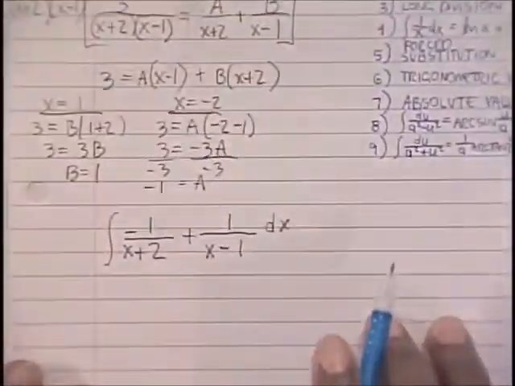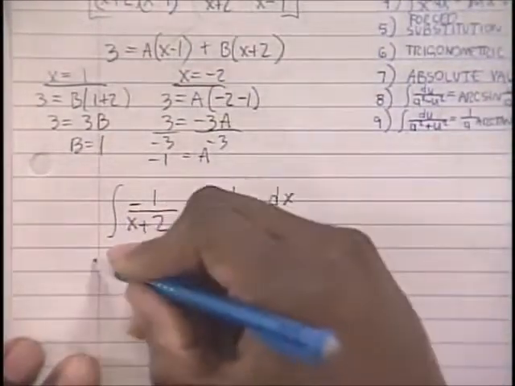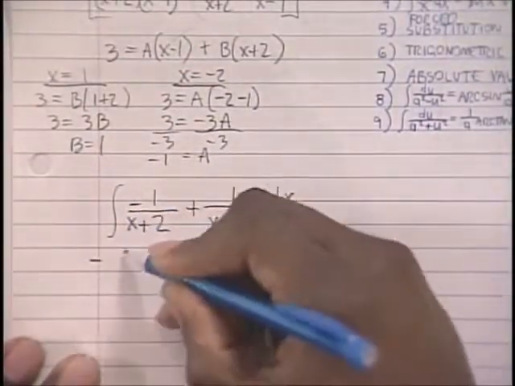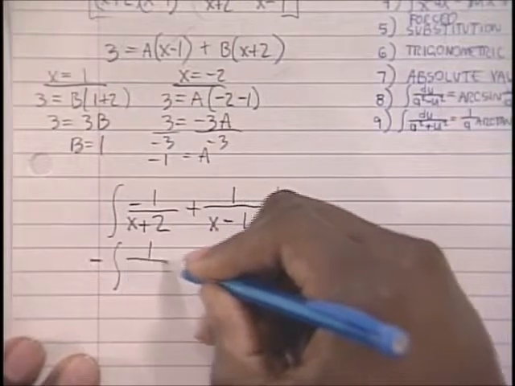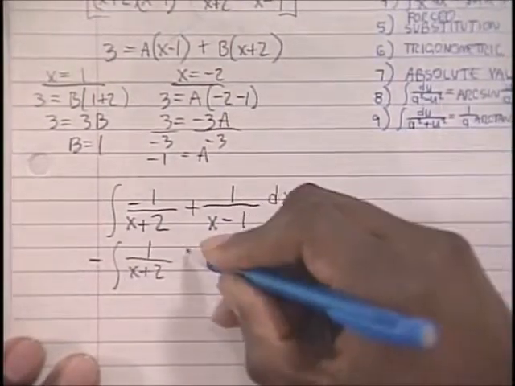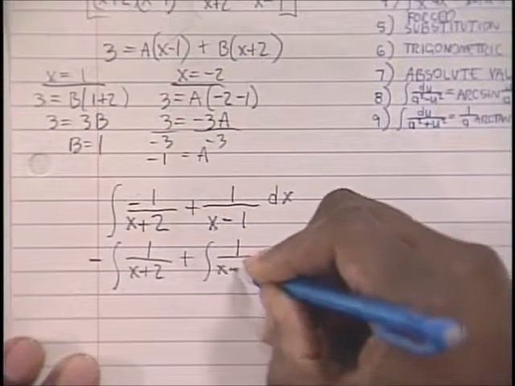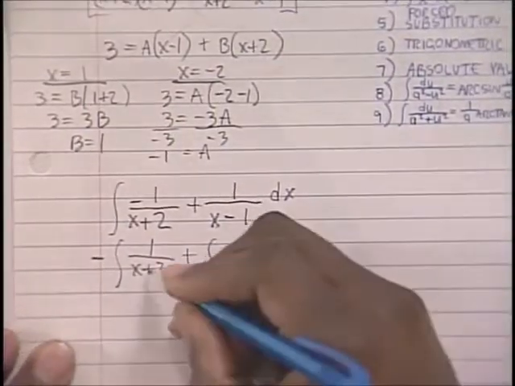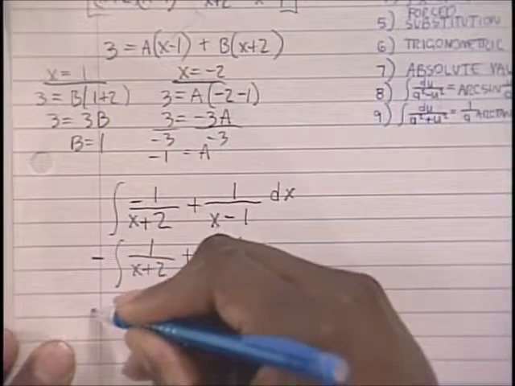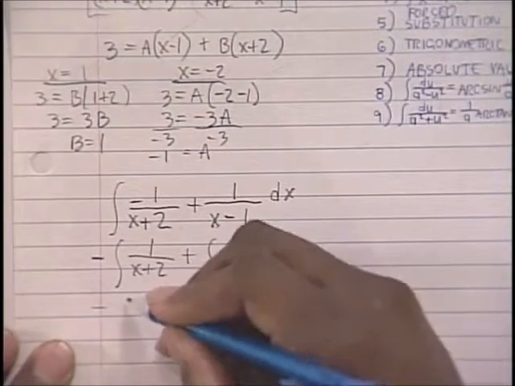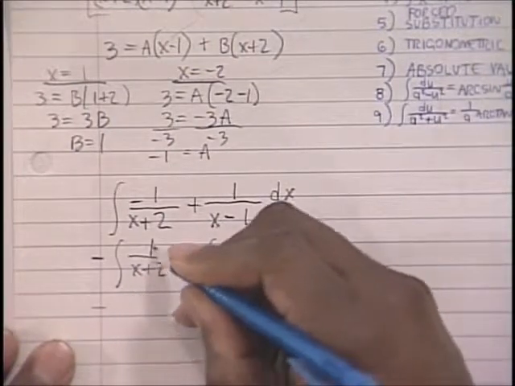All right, so now you can pull out that negative, and you end up with the antiderivative of 1 over x plus 2 plus the antiderivative of 1 over x minus 1. So this ends up being negative, the antiderivative of 1 over x plus 2.